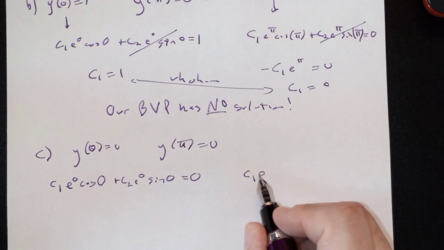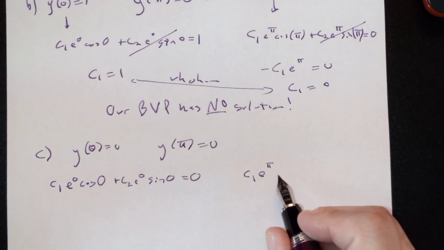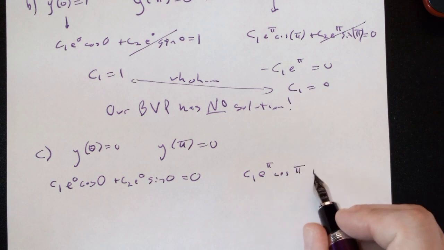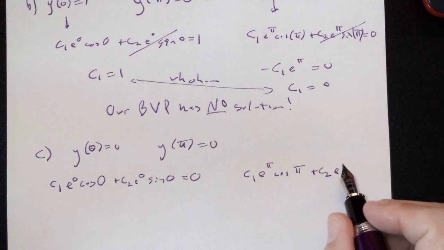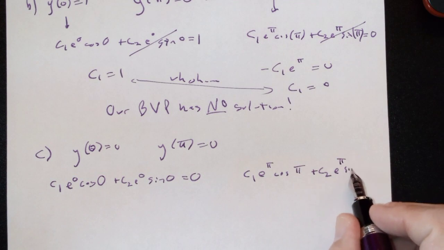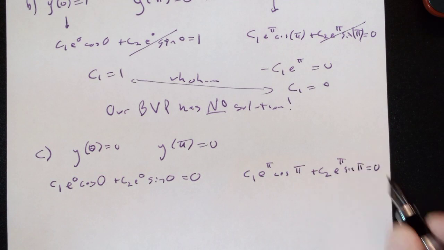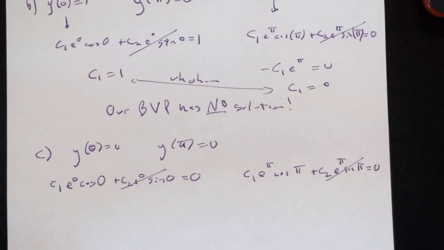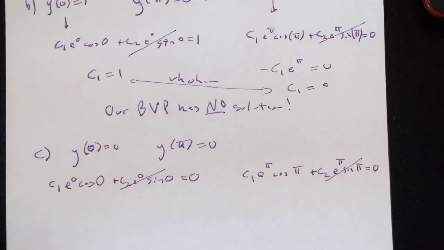C1 e to the pi cosine pi plus C2 e to the pi sine pi equals 0. We know that this is 0. We know that this is 0 from the sine and the cosine. Over on the left, what does that tell me the value of C1 is?